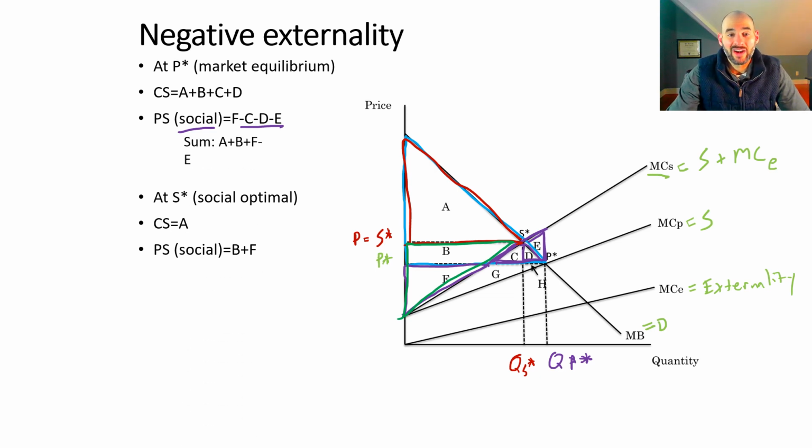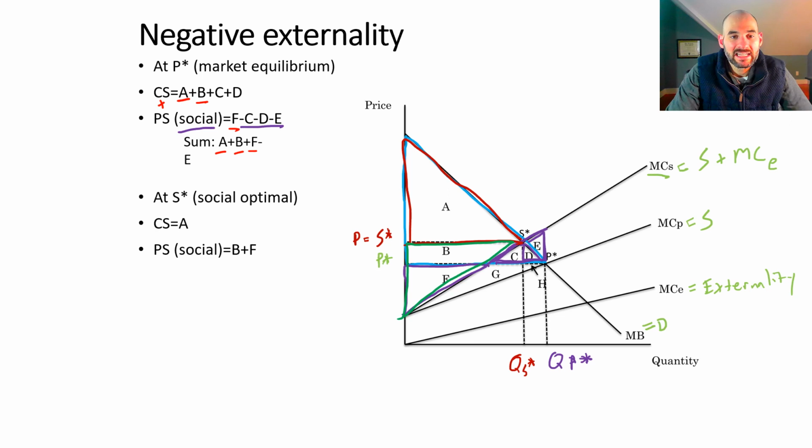So now we can start adding all of these up. We're going to add CS plus PS. A only appears once, so A is part of it. B only appears once, so B is a part of it. F appears positively, so F is a part of the sum of consumer surplus and producer surplus.